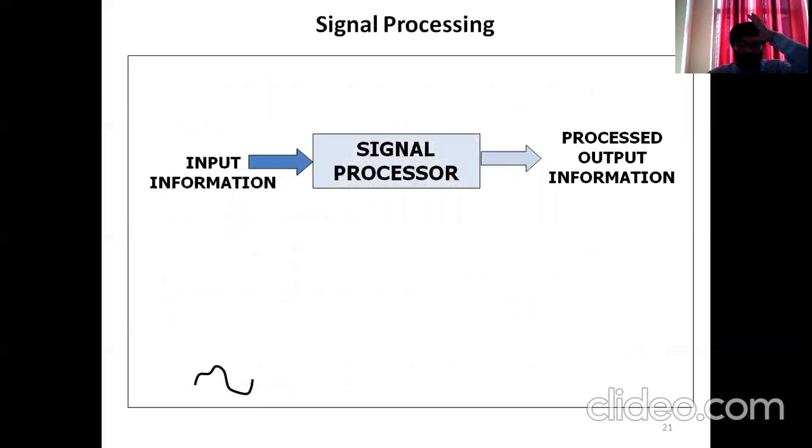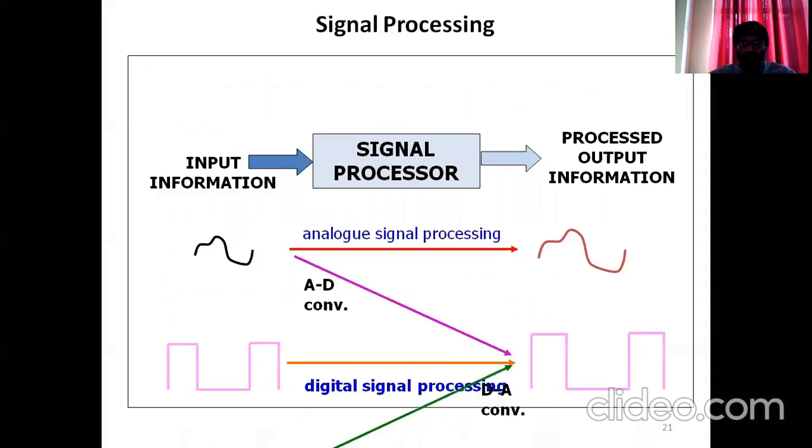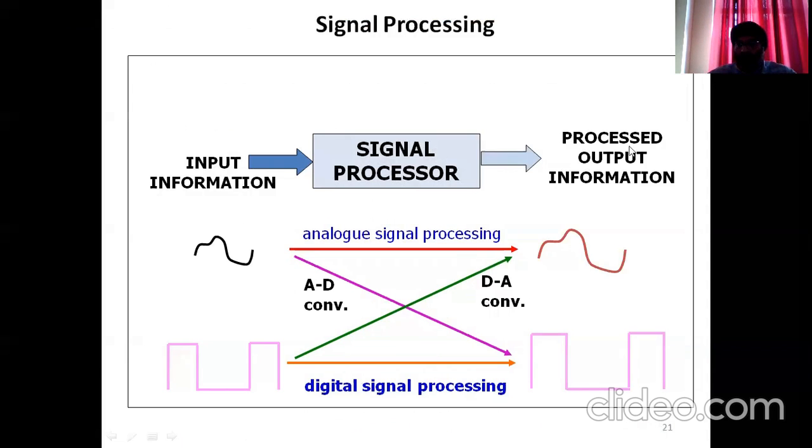Signal processing, just to give you a brief overview: we can work on analog signals. This is the input signal, or this is the information. It can be in analog form or digital form. Processed output information can be in analog form or digital form.